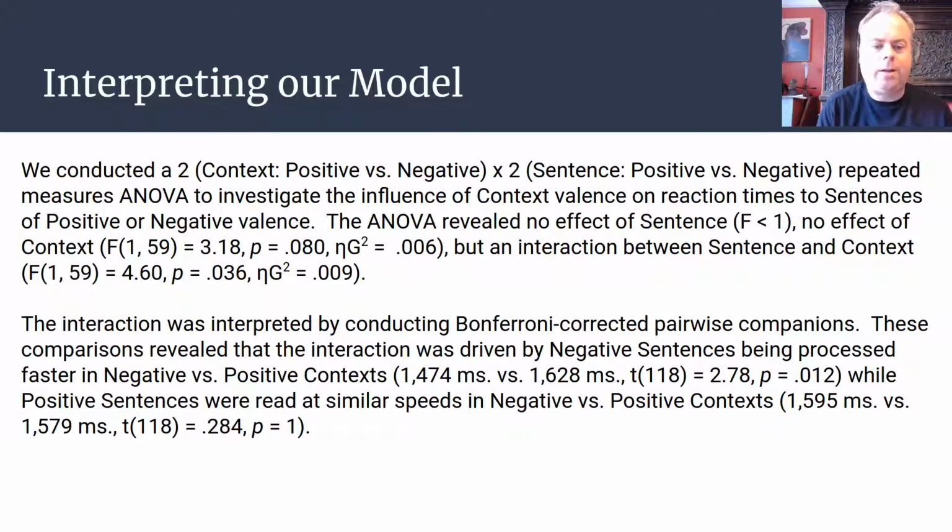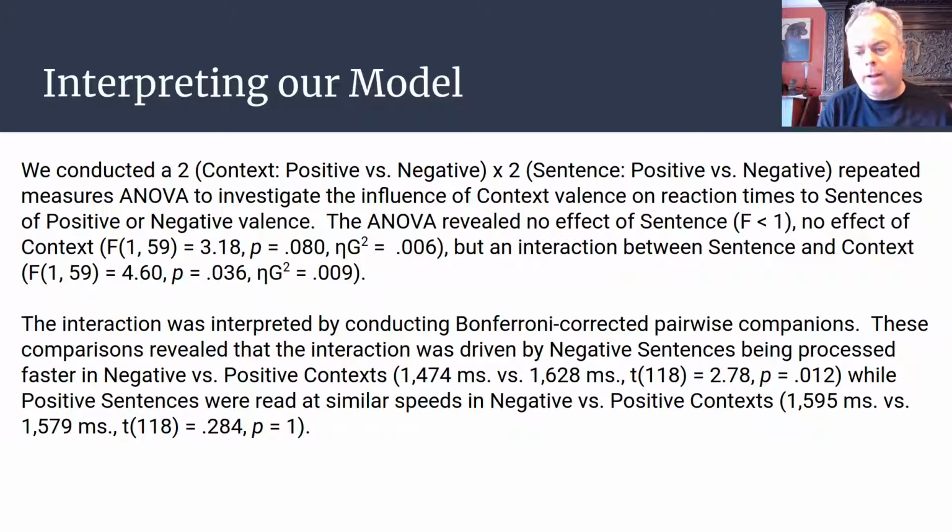We report the F values, the p-values, and the effect size measure. We then explore that interaction further by saying the interaction was interpreted by conducting Bonferroni corrected pairwise comparisons. This is where we did the correction manually. These comparisons revealed that the interaction was driven by negative sentences being processed faster in negative versus positive contexts. We report the means for those two conditions, the t-value and the associated p-value of that comparison.